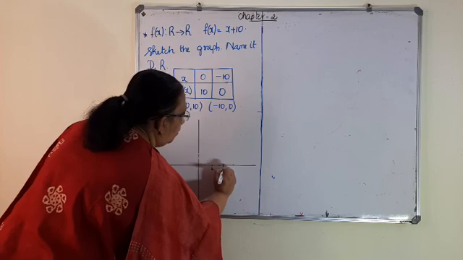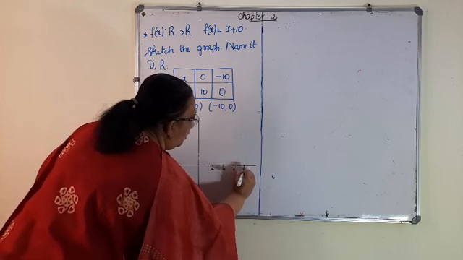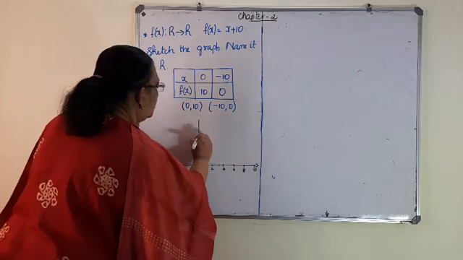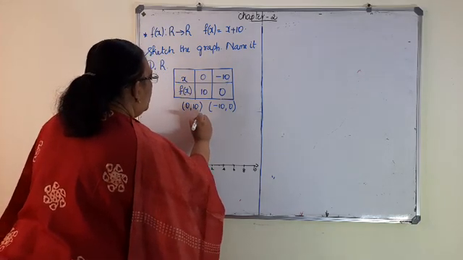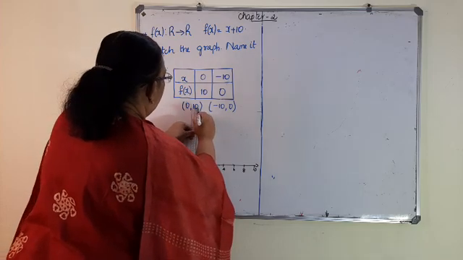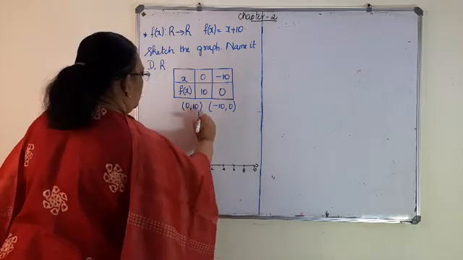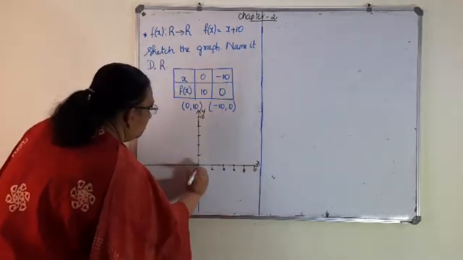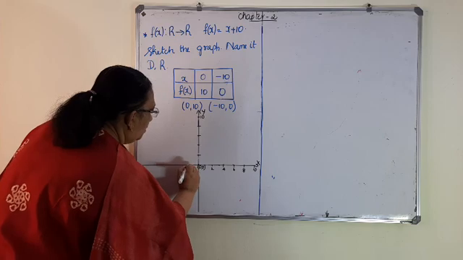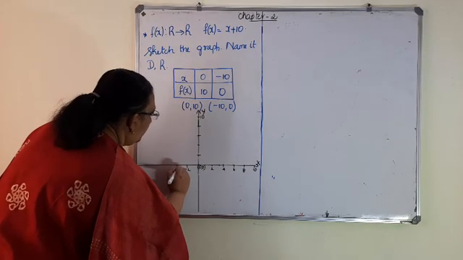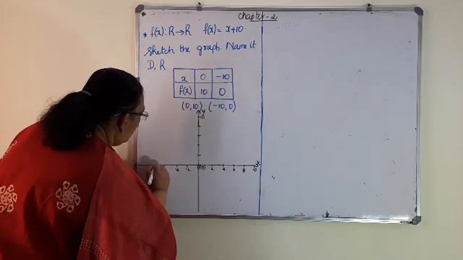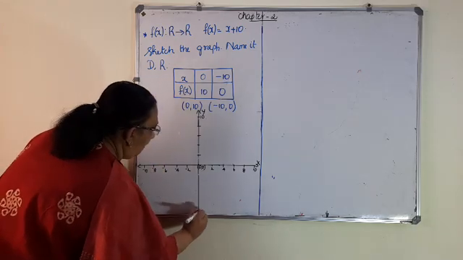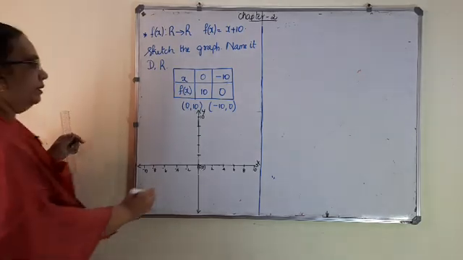2, 4, 6, 8, 10. Minus 2, minus 4, minus 6, minus 8, minus 10. What is the first point? 0, 10.